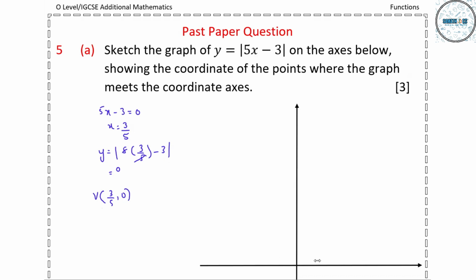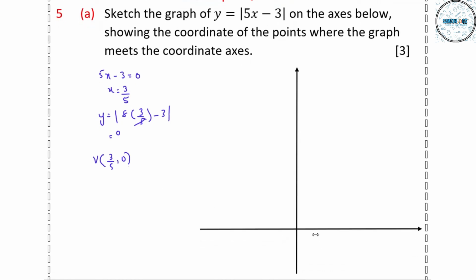Now we will plot this on the grid. We have here 1, 2, 3, 4, 5, minus 1, minus 2, minus 3, minus 4. So 3 upon 5, 0 means 0.6, 0. So the vertex is over here. Now we can take one point on the right-hand side of the vertex and another point on the left-hand side of the vertex.